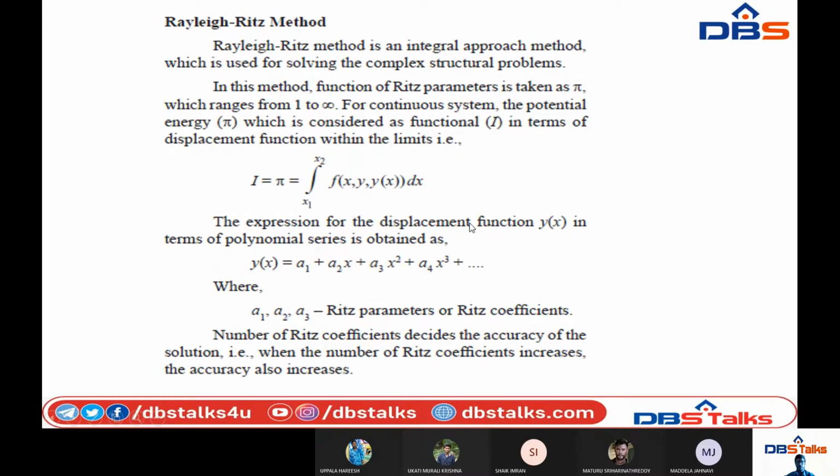This will be written as a polynomial series: y of x equal to a1 plus a2x plus a3x square plus a4x cube plus a5x power 4 and so on, where a1, a2, a3 are the Ritz parameters.